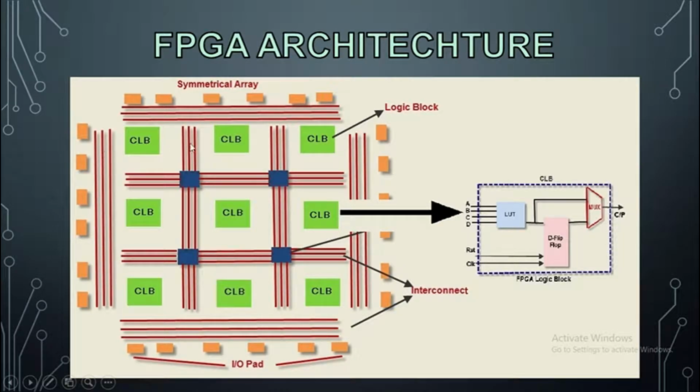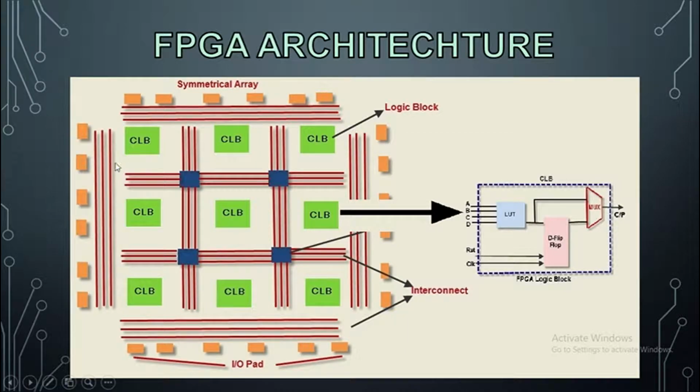That's why programmable interconnects are used, and they are mainly of two types: local interconnects and global interconnects. Local interconnects are used to connect two CLBs that are close together, whereas global interconnects are used for long distance communications. So these are the programmable interconnects.